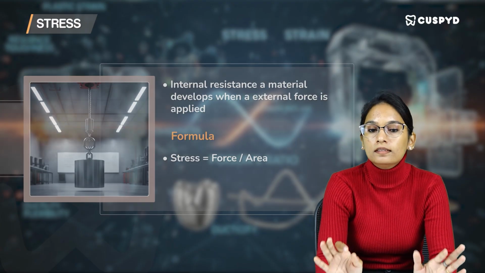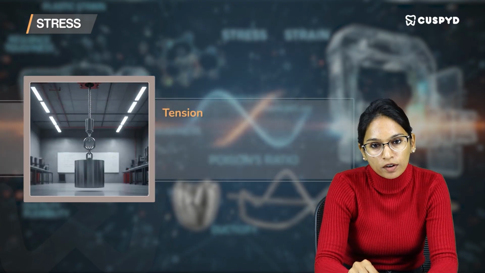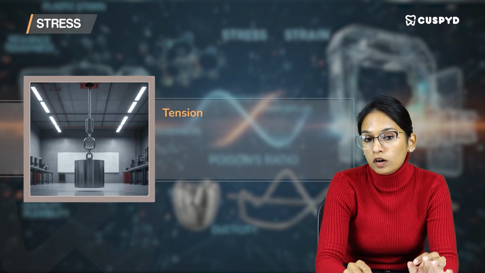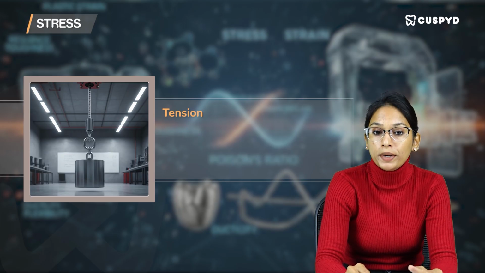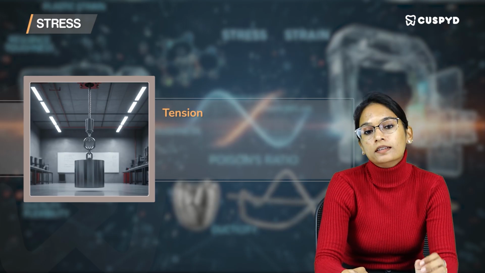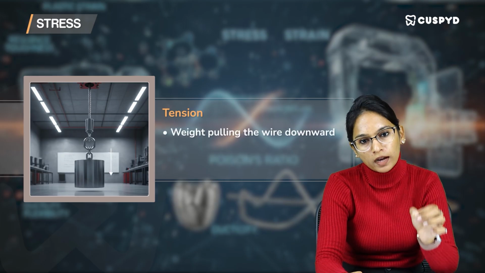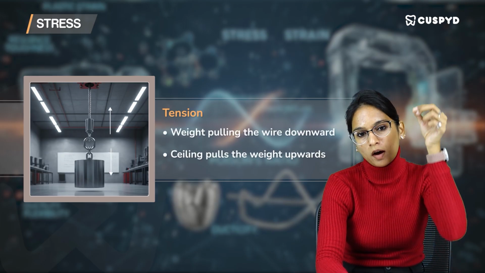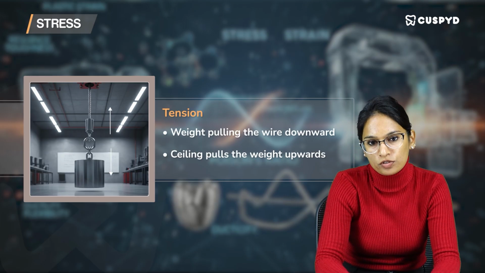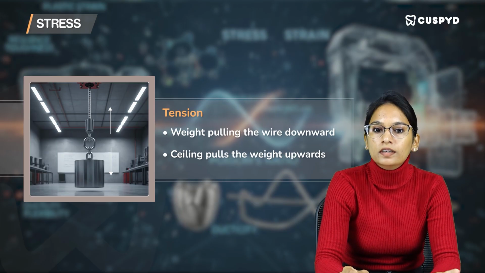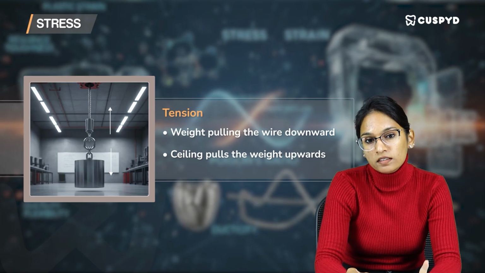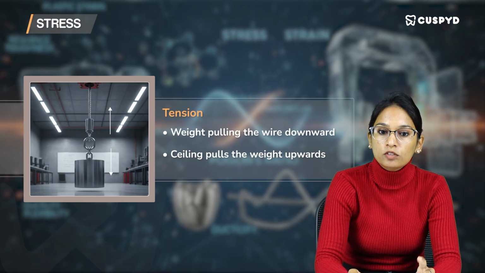Let's begin with the easiest one, tension. Now, in this figure, you see a wire hanging from the ceiling with a 20 kg weight attached to it. This weight is pulling the wire downward. The ceiling pulls upward with an equal and opposite force. So the wire is experiencing tensile stress, the stress generated when a material is pulled apart.